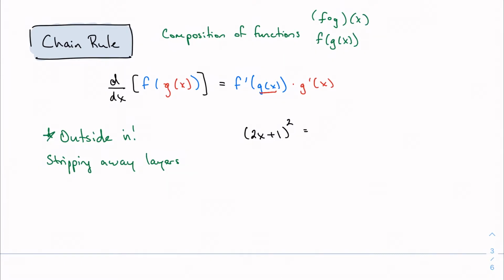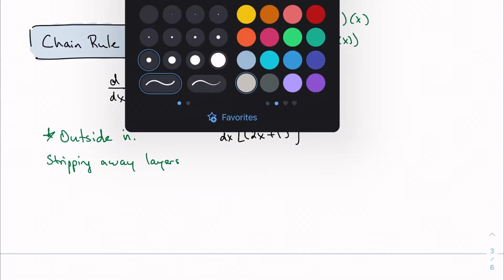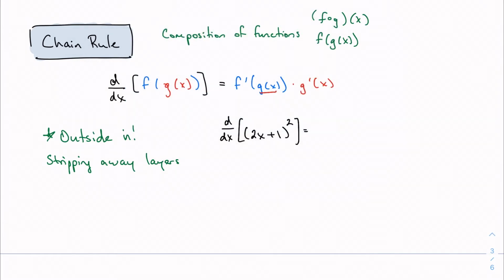If I want to derive this, start with the outermost piece, and that outermost piece is just something squared. So the derivative of that something squared turns into 2 times that something.